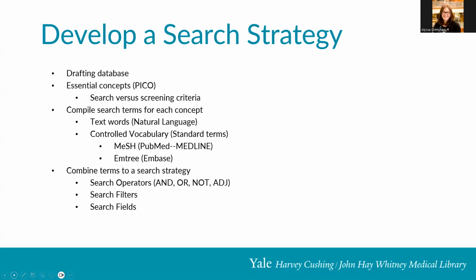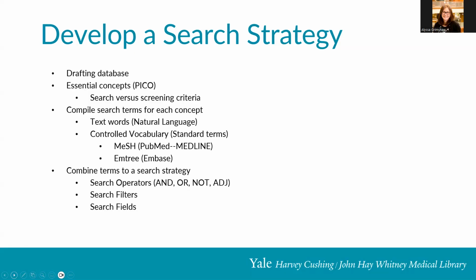So, MeSH is what you see in PubMed and Medline, and Emtree is what's being used for Embase. You can search these within the database itself to determine what the controlled vocabulary is for the concept that you're searching, and you can put this in your concept table and build it out.